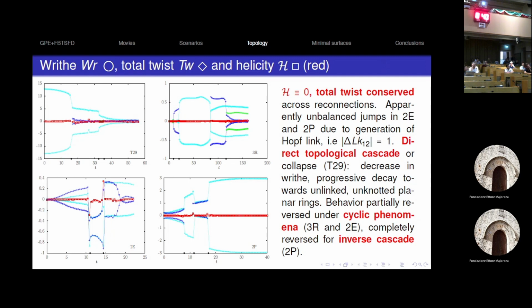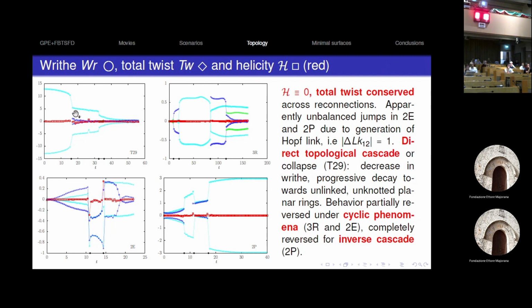Now, as you can see, in the first 2 cases, the rest of the plot is made of circles, which represent writhe, and diamonds, which represent twist. You can see that they compensate perfectly for each other.